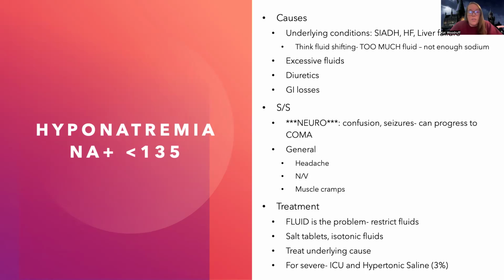Excessive fluids, whether some patients have a psychiatric issue that causes them to drink too much fluid, or they just drink too much in general. Diuretics can also cause this, just because of the way diuretics work, they can cause you to waste sodium. And then GI losses as well.